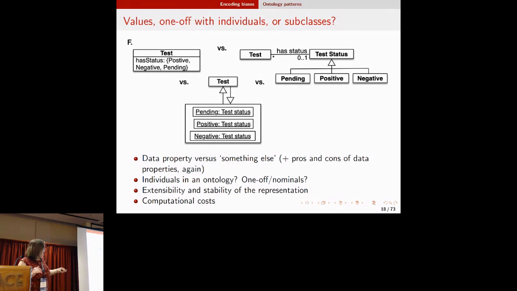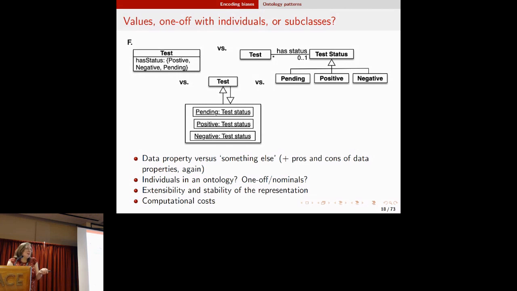If you add one test status, whichever it may be, that actually means that the meaning of the class test status changes. Whereas if you had that here on the right-hand side, that kind of modeling is much more stable. You just add one more subclass, but it doesn't fundamentally change what you have been representing. So in that sense, you have certain pros and cons to different patterns.